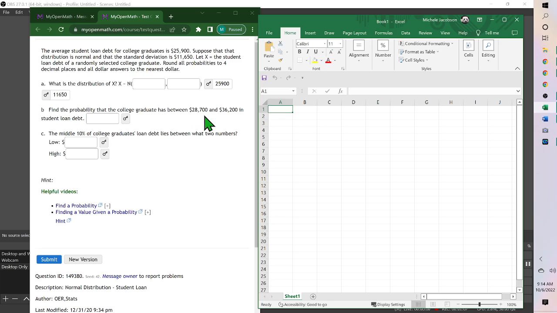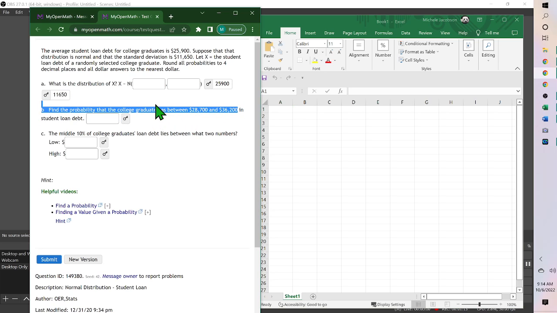So if we plugged in the 36,000, it would give us from 36,000 and below. But then if we found the 28,700, it would give us from here below. So if we subtracted these two answers, we'd get what was in between.